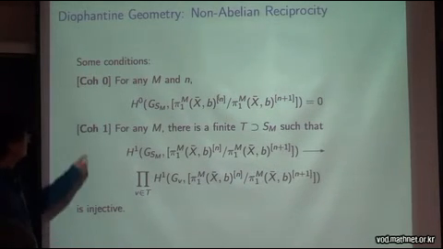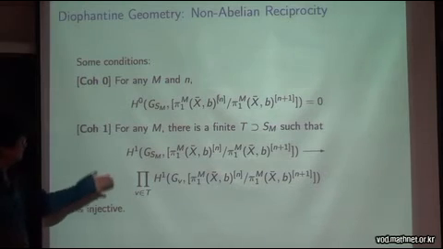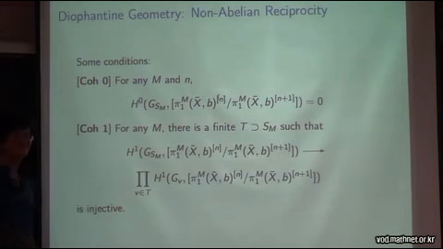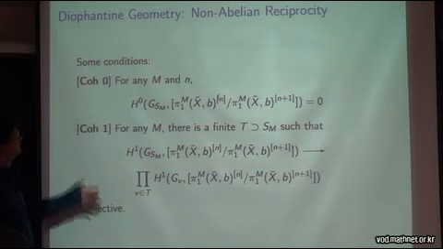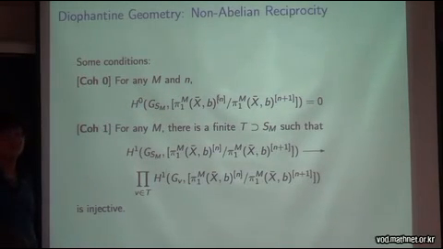Now, there's also a condition on first Galois cohomology, which is saying that suitable localization is injective. For example, this condition will always be satisfied for P1 minus 3 points. That's already an interesting case to consider. So you get a non-abelian reciprocity map involving the global points of P1 minus 3 points.